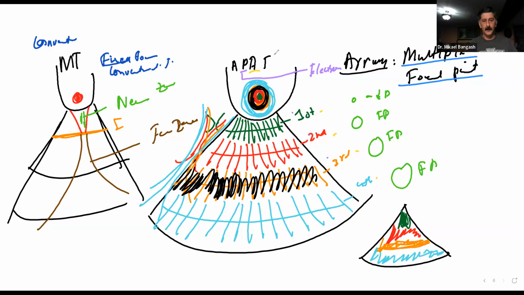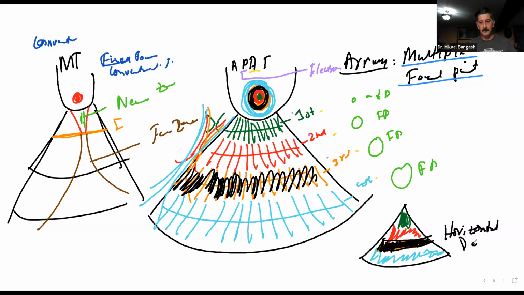But we can say no pulses will be transmitted or focusing at this depth here, which means, recall that you have this horizontal defect across the image.